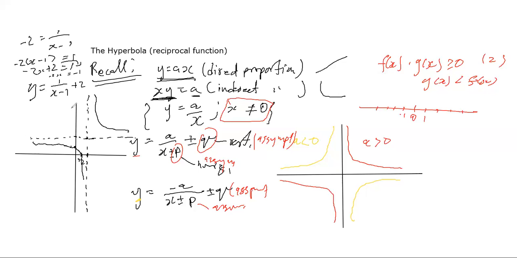I'm just dealing with the theory of graphs, what you need to understand about the parameters in each graph. And as far as the hyperbola is concerned, I will leave it here. I will discuss things like the domain, the range, and f(x) greater than and stuff like this in a separate video so that you can understand them better.